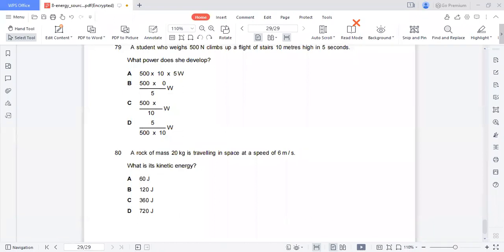Now number 80. A rock of mass 20 kg is traveling in space at a speed of 6 meter per second. Now mass is given, speed is given. What is the kinetic energy? We know the kinetic energy is half mv squared.